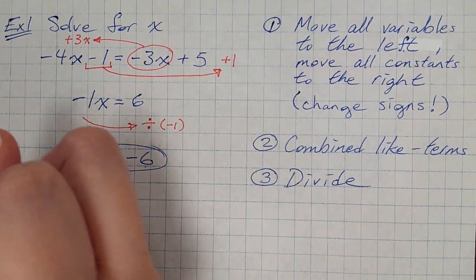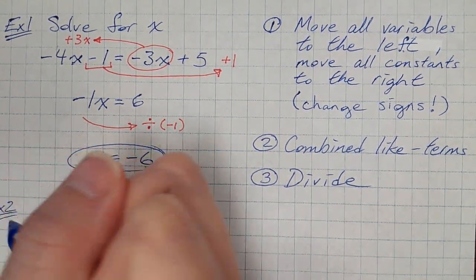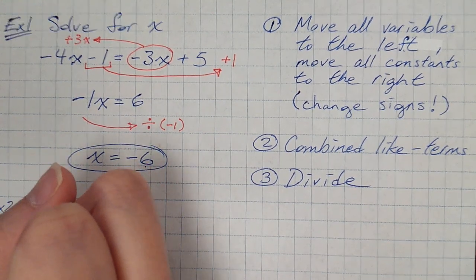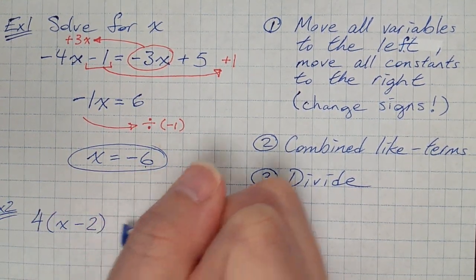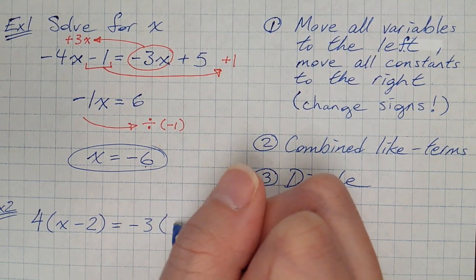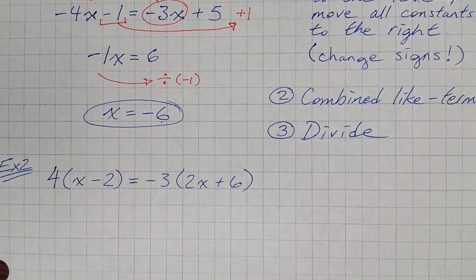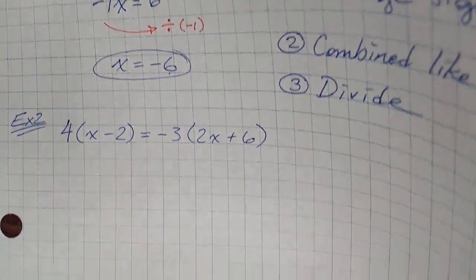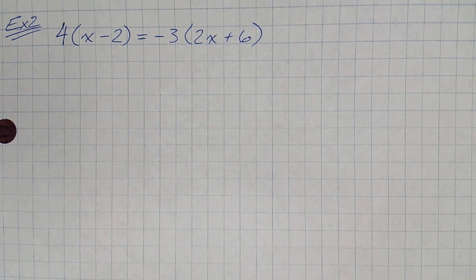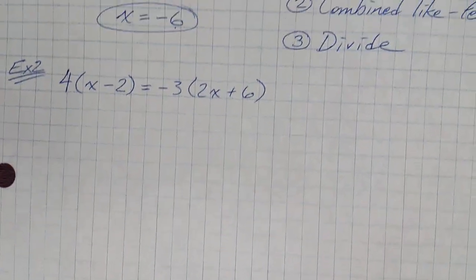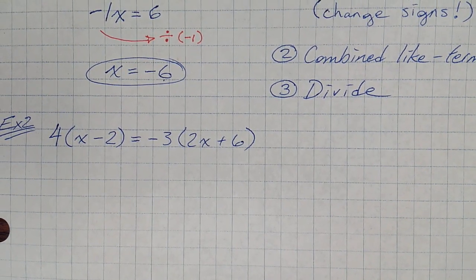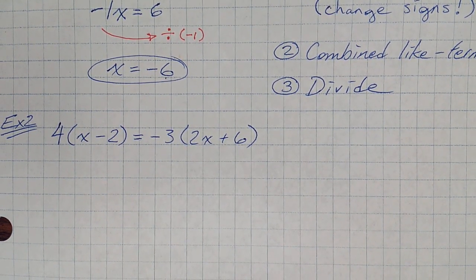Example 2. Let's try example 2. 4 times (x minus 2) equals negative 3 times (2x plus 6). Remember, I'm checking your notes, so make sure you're copying all 5 examples. Okay, so should I start moving my variables? What's my first step then?